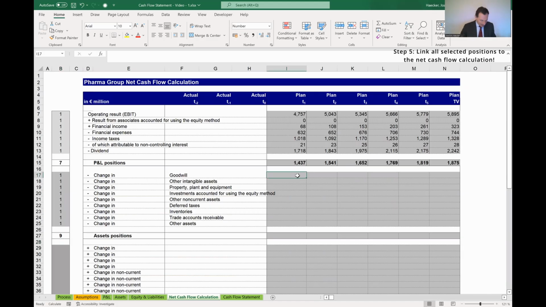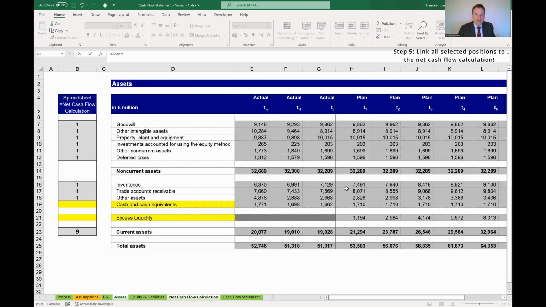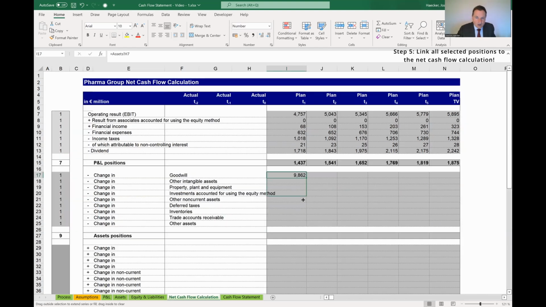Now, in terms of numbers, in terms of financial figures, this is the goodwill here. And we can basically move it all the way down to all the non-current assets. However, as you see here, the profit and loss account is just the position occurring in that respective year.